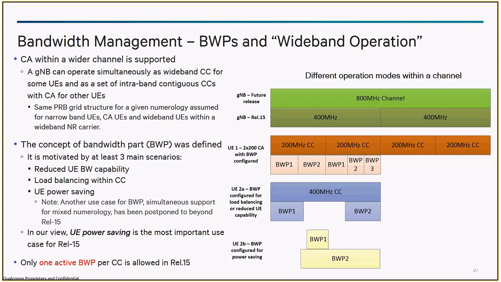A UE could be assigned, if it is in a CA configuration, 200 megahertz bandwidth parts BWP1 and BWP2, or the UE is supposed to support one bandwidth part of 100 megahertz. This is one of the ways that the network would be splitting multiple UEs across its entire deployed bandwidth. So the network would still have a wider bandwidth deployment of 800 megahertz, and fit a UE in a narrow 100 megahertz to a 200, 400 megahertz channel.